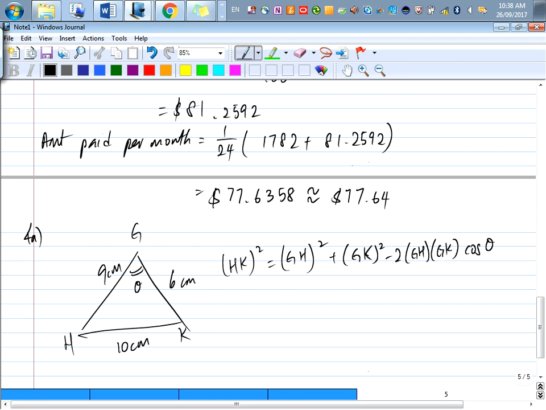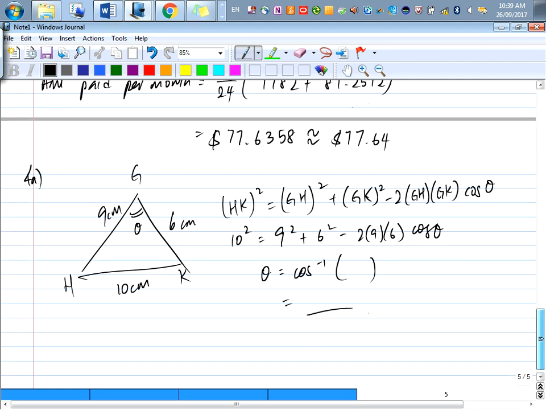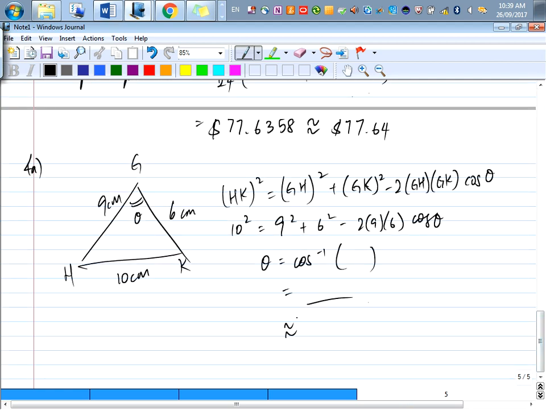And we substitute in 10 square equals 9 square plus 6 square minus... So make theta the subject, get your answer, round it off to 1 dp. Okay? No, I divided wrongly.